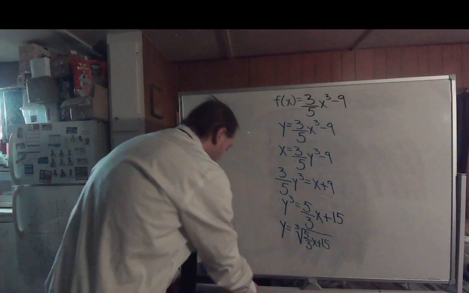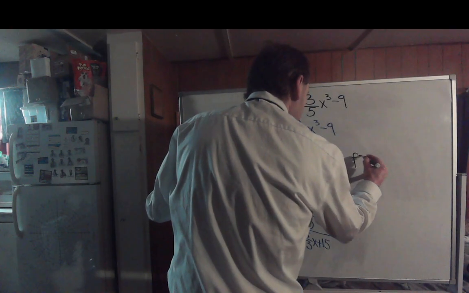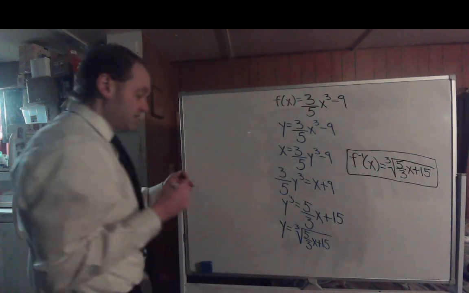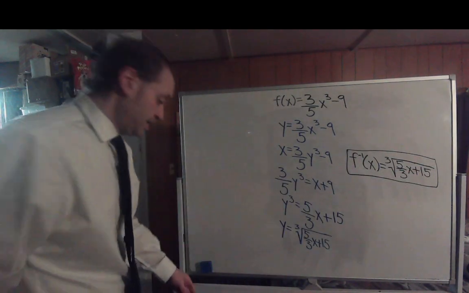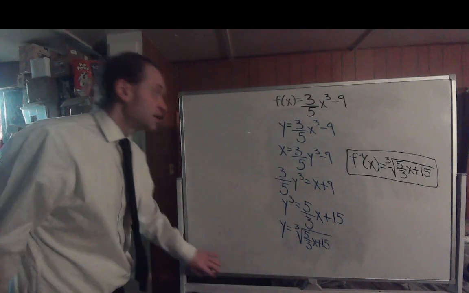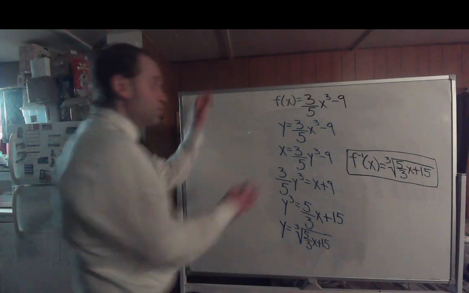So, in other words, your inverse function, f inverse of x, would equal the cube root of 5/3 x plus 15. So there's your inverse function. f inverse of x would equal the cube root of 5/3 x plus 15. I have about 2 more.